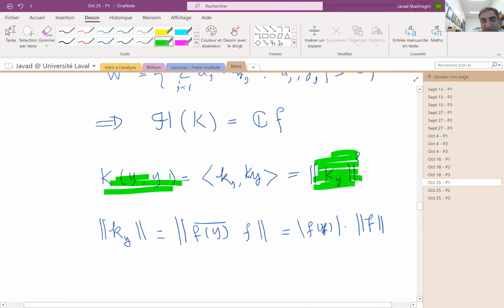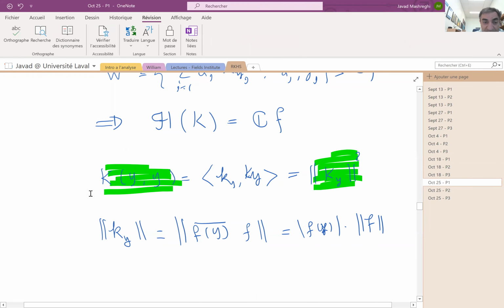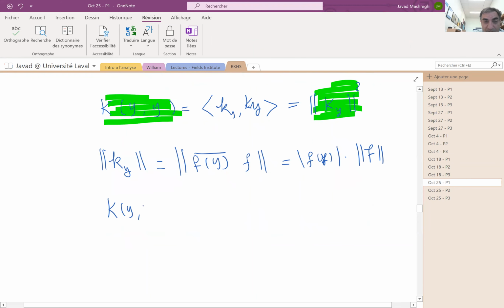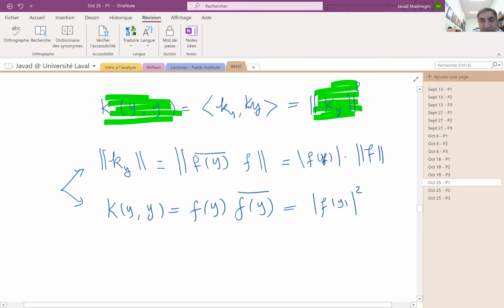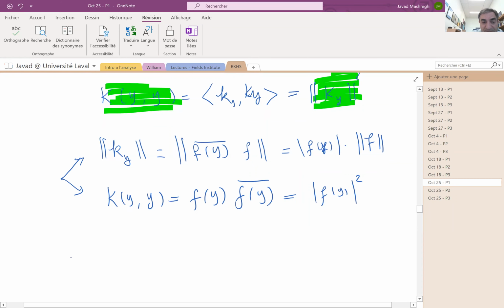And now let's see what k_y(y) is. By definition, the very original definition, k(y, y) is |f(y)| squared. At the very beginning, we defined k(x, y) to be f(x) f(y) bar. So comparing these two using this identity, you immediately see that |f(y)| squared times norm of f squared is equal to |f(y)| squared.